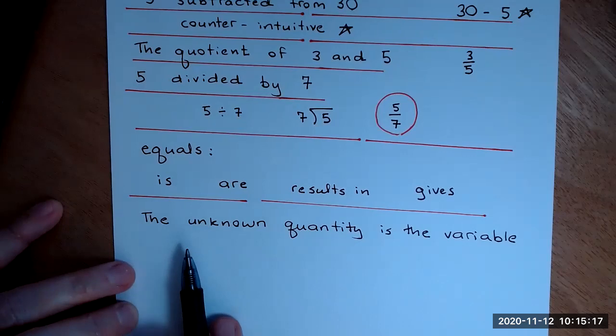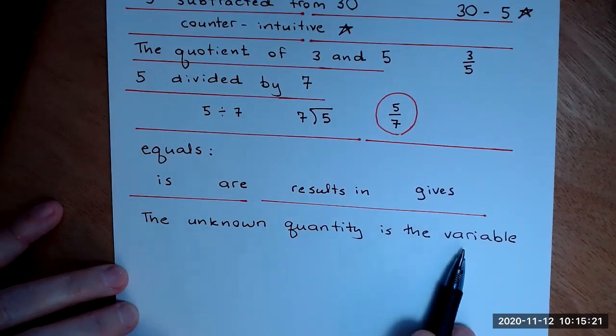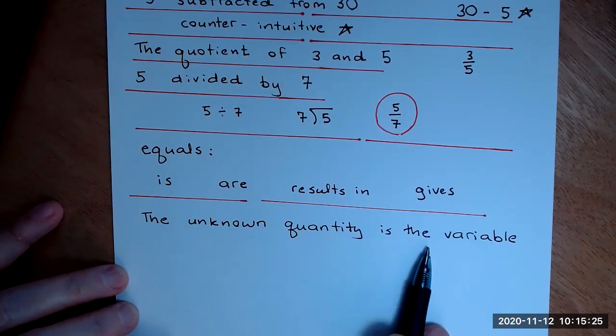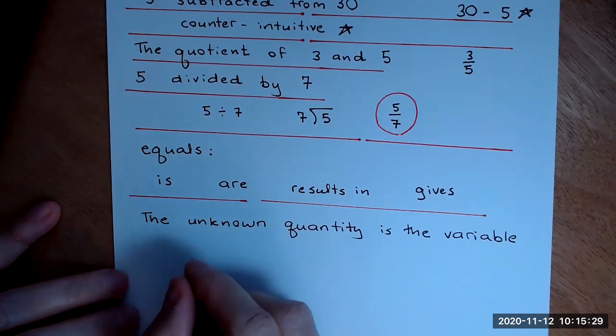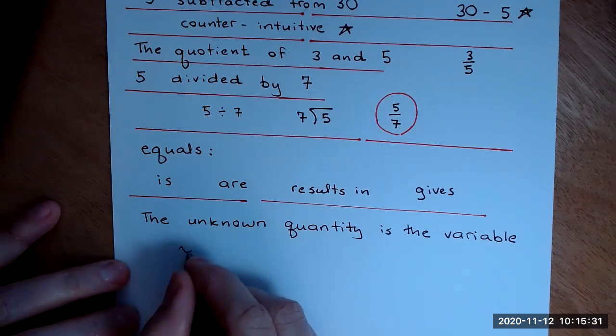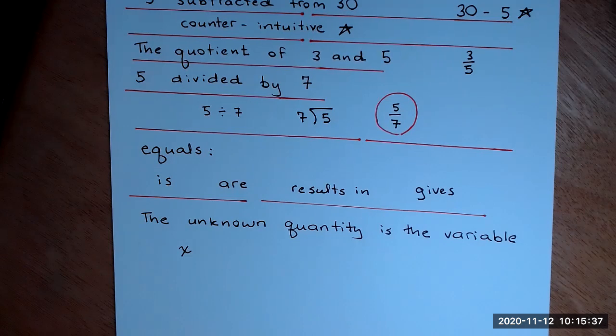All right, and when you're talking about the unknown quantity in your equation, that's going to be the variable. Remember, it's called the variable because its quantity could vary. So we use X or another letter. X is the most common, but you can use any letter that you wish, at least in the beginning.